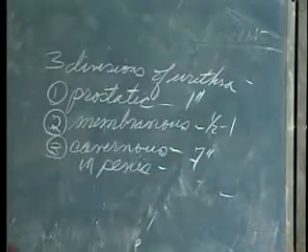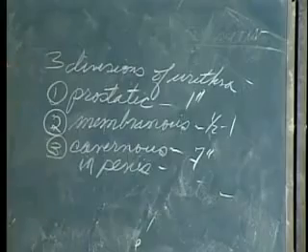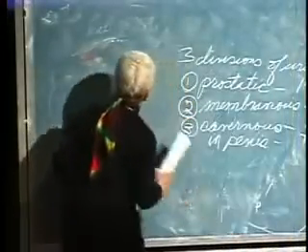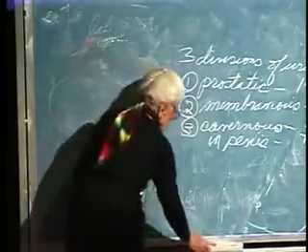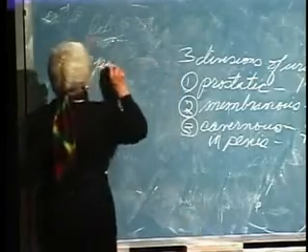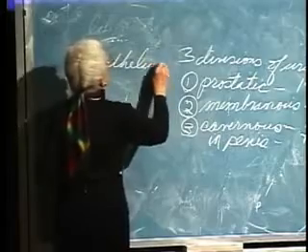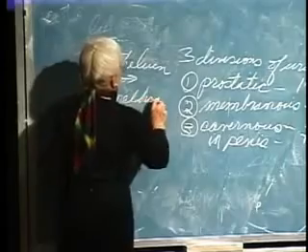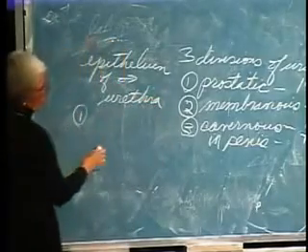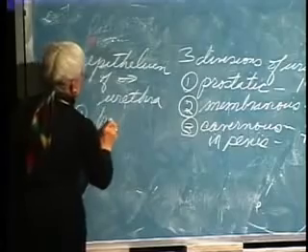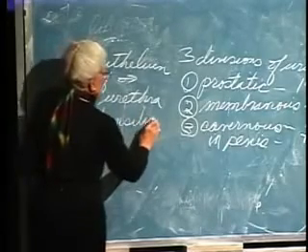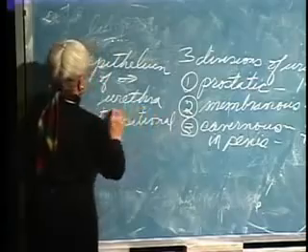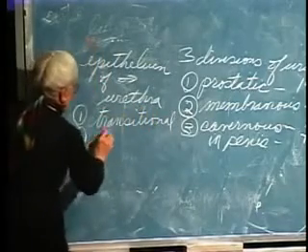Oh, it's interesting just to know that the epithelium does vary within the urethra of the male. The epithelium of male urethra. First part is going to be transitional. And then we're going to have stratified columnar.